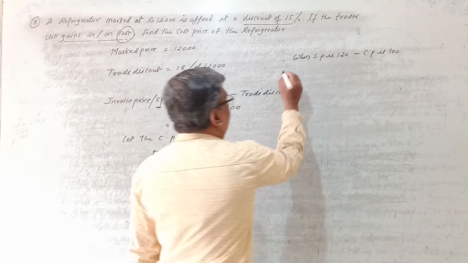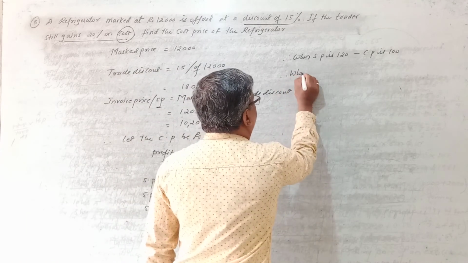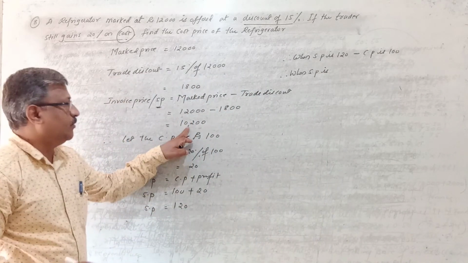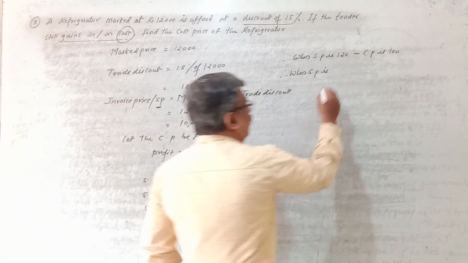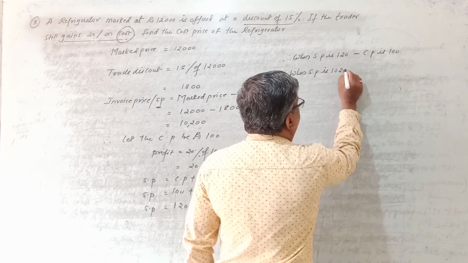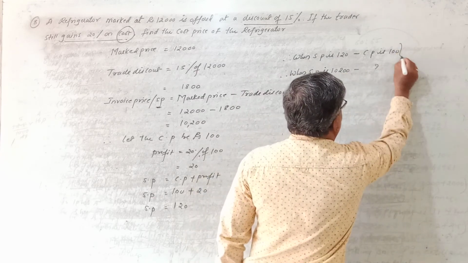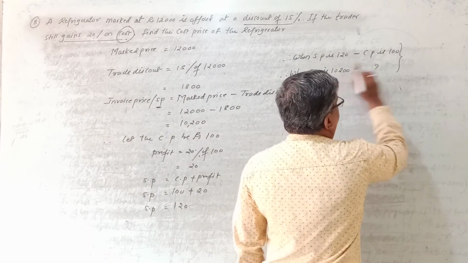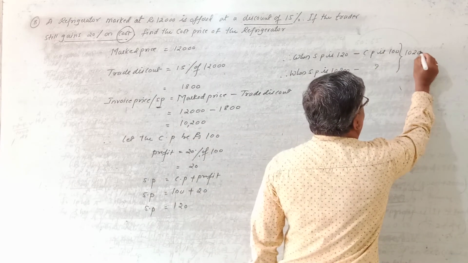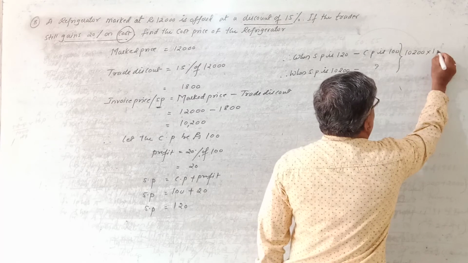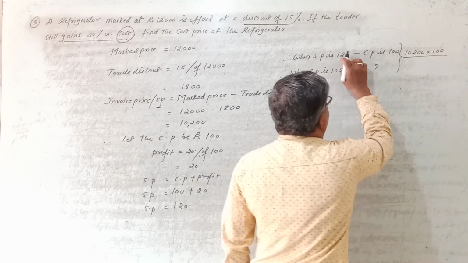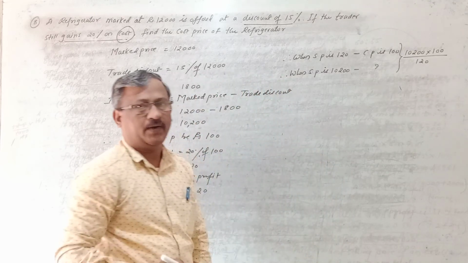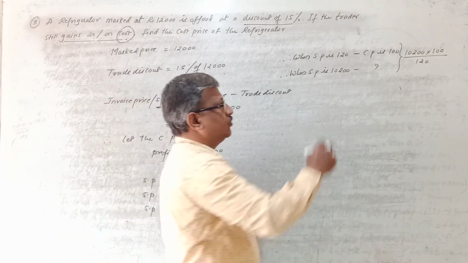So what I want is, when my actual selling price is rupees 10,200, what must be the cost price? It is 10,200 into 100 divided by 120.